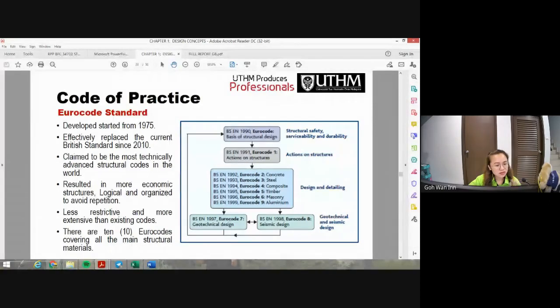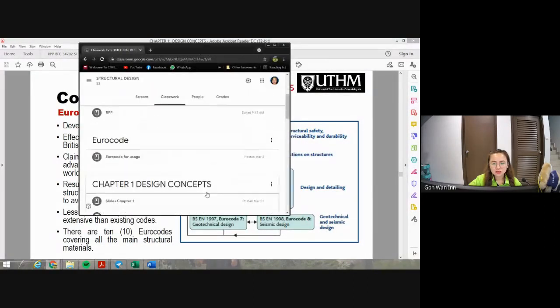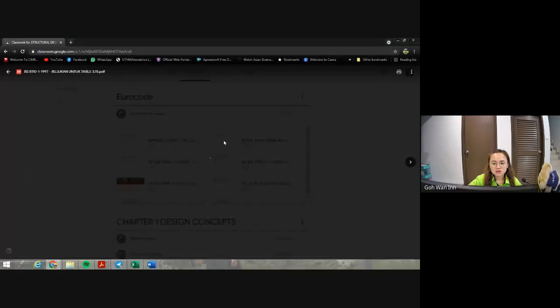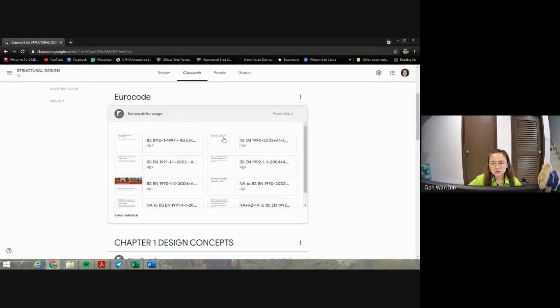Previously, our library subscribed to the Eurocode and the British standard, but now it no longer subscribes. Luckily, we already downloaded it, so we have no problem accessing it. Let me show you the Eurocode we have. I already put it under the Eurocode folder, so you can see the Eurocodes here.